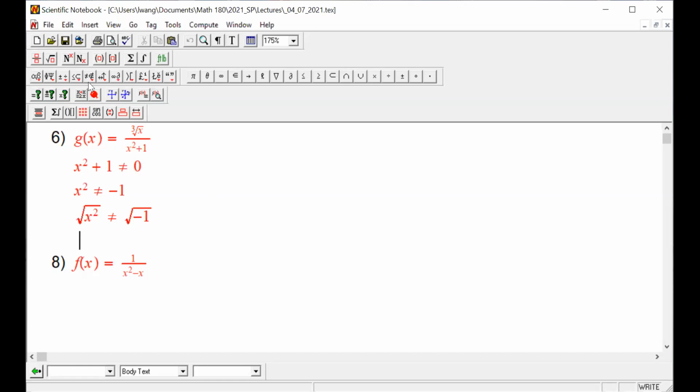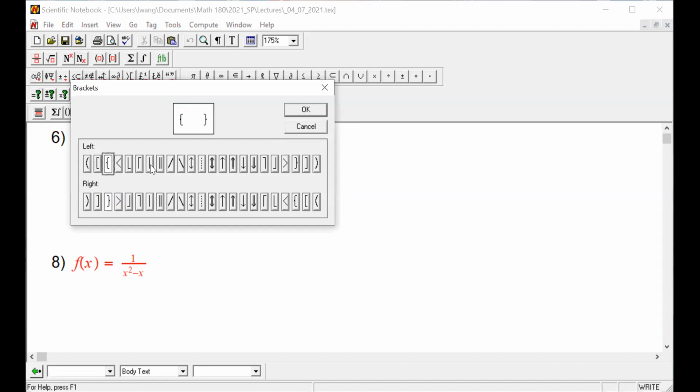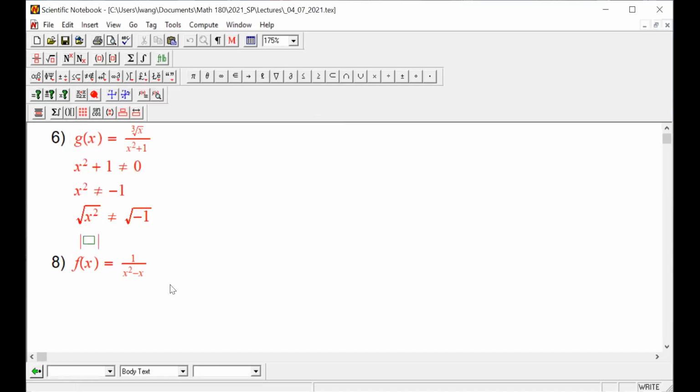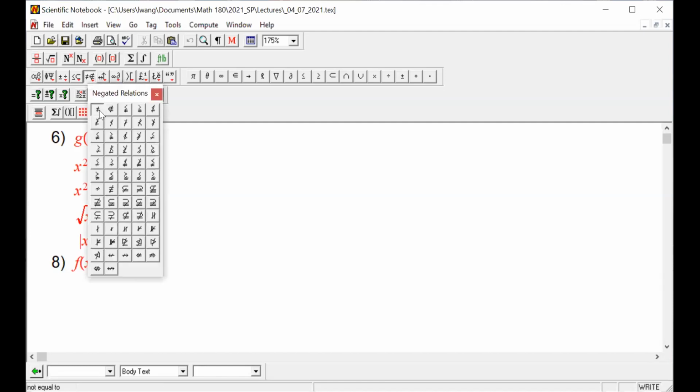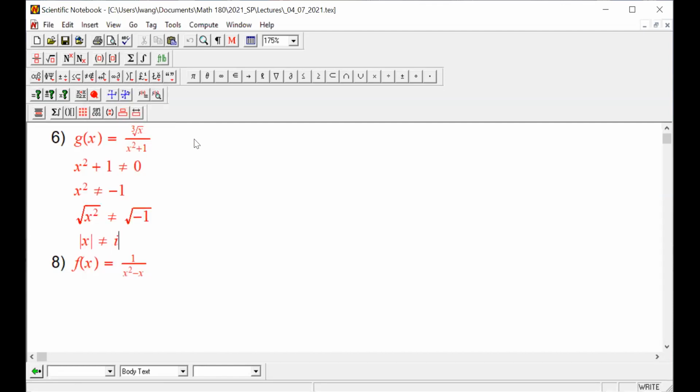Then it's x does not equal i. Is that right? Well, the absolute value of x. Oh, yes, it should be the absolute value of x, right? Does not equal i. Then what do you claim for the domain at this point?